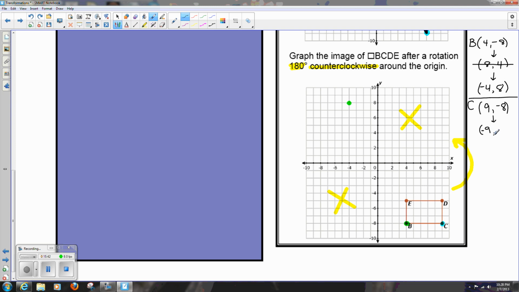So that becomes negative 9, and that becomes positive 8. So we should actually label this. This is B prime, and this is C prime. So I'm going to move C prime to negative 9, 8.